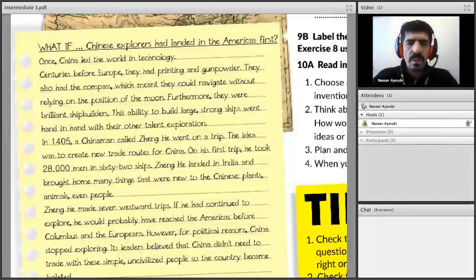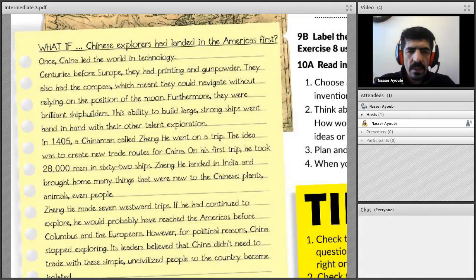Furthermore, they were brilliant shipbuilders. This ability to build large, strong ships went hand in hand with their other talent, exploration. In 1405, a Chinaman called Zheng He went on a trip. The idea was to create new trade routes for China. On his first trip, he took 28,000 men in 62 ships. Zheng He, the name is Zheng He.